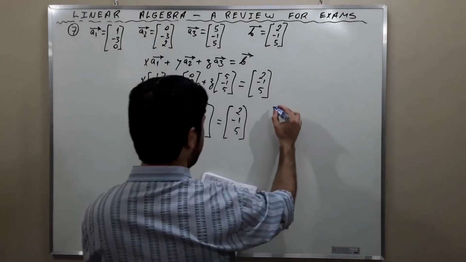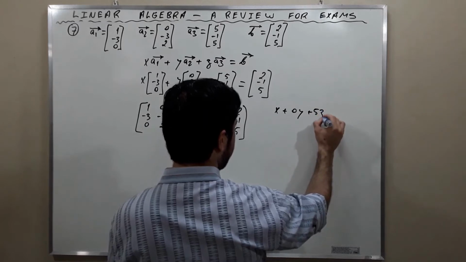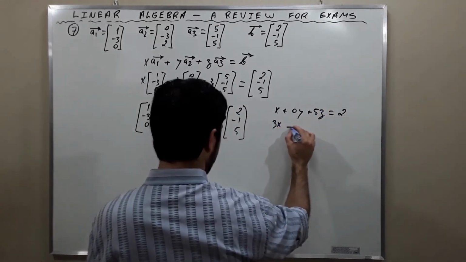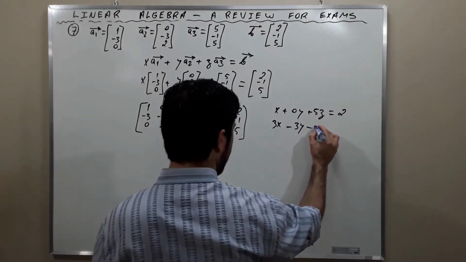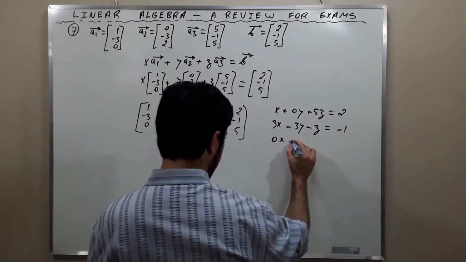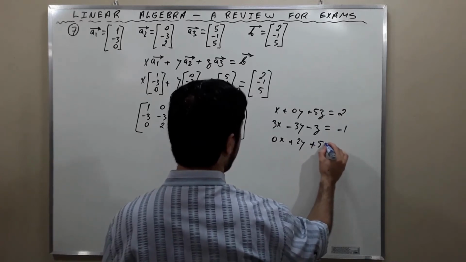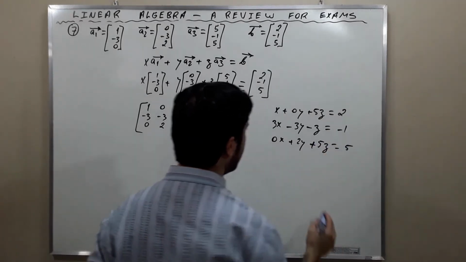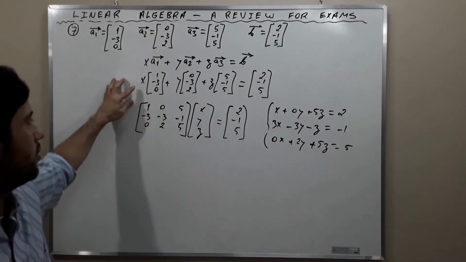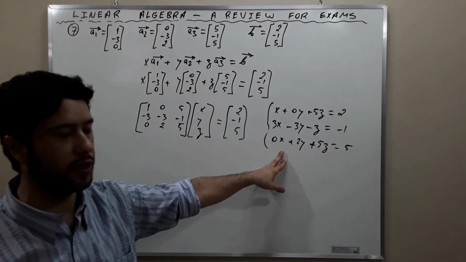The system is x plus 0y plus 5z equal to 2, 3x minus 3y minus z is equal to negative 1, and 0x plus 2y plus 5z equal to 5. Okay, this matrix multiplication or this vector equation is similar to this system here.